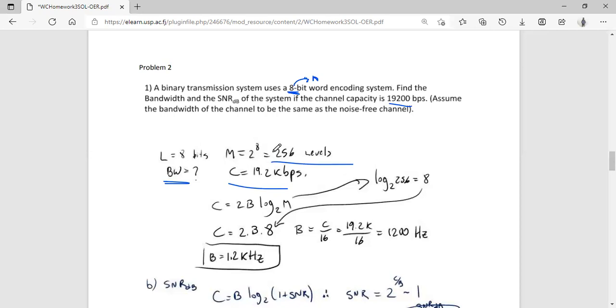So log base 2 of 256, if you substitute the M value of 256, is going to give me 8 as the answer. So that becomes 2 times B times 8 is equal to C. Our capacity is basically equivalent to 19.2 kilo, right?